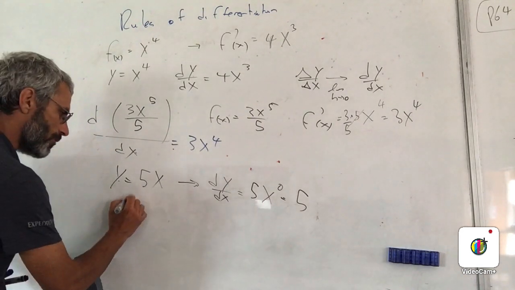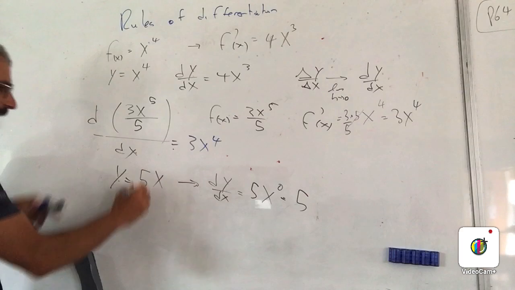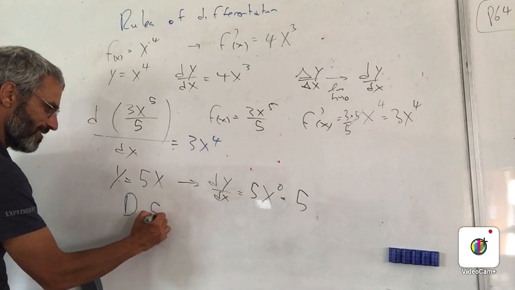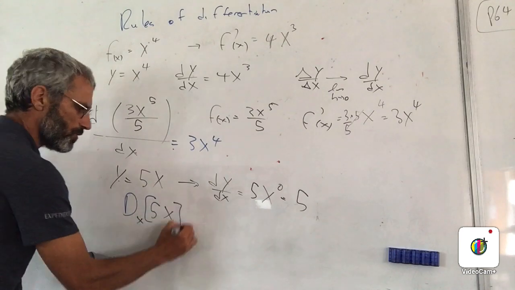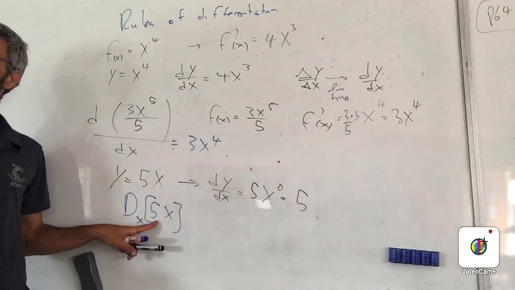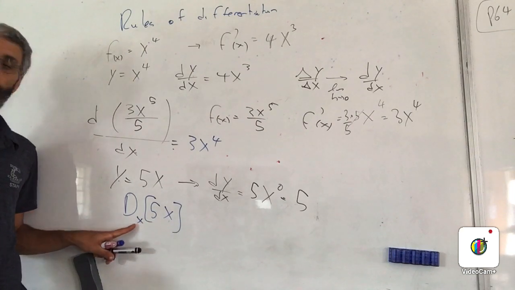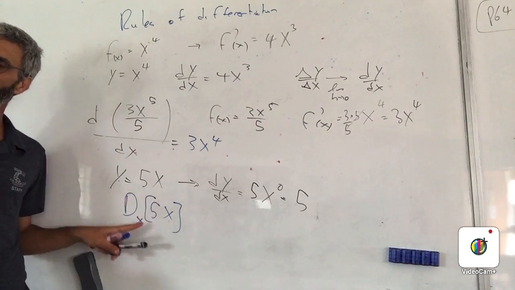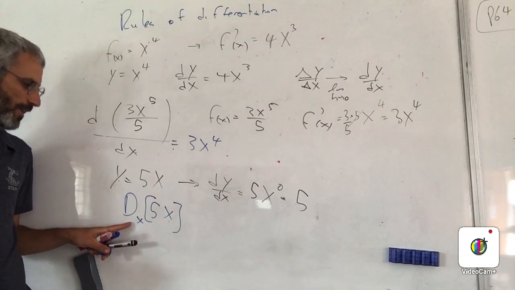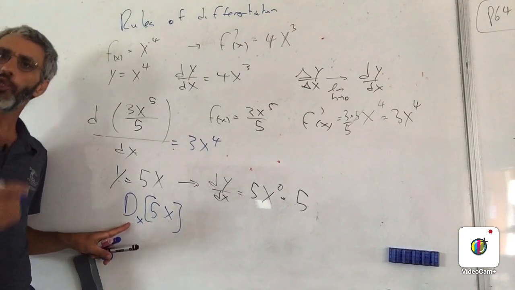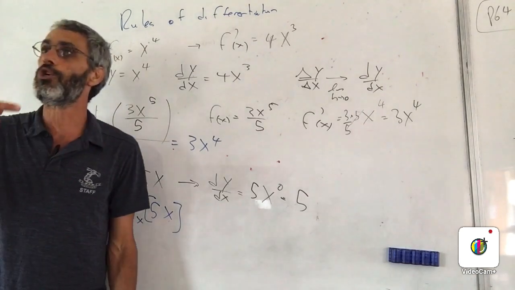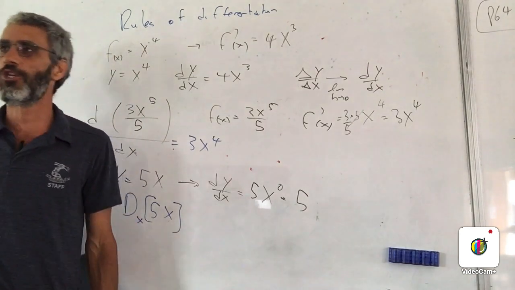Now I want to show you another annoying notation. We can write it like this: instead of doing that, I can use a capital D, and normally we use square brackets. So this tells me, this is your function 5x, and it tells me to do the derivative of this with respect to x. That's another way in words. And guys, I'm going to use all these notations in the test.